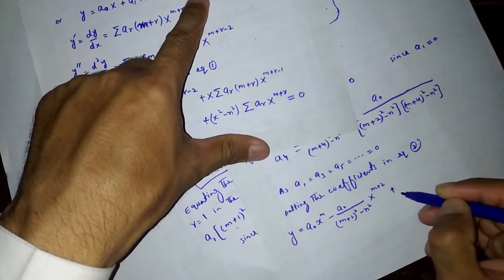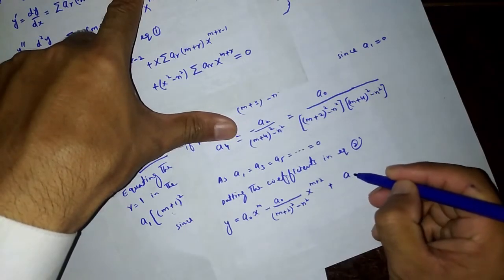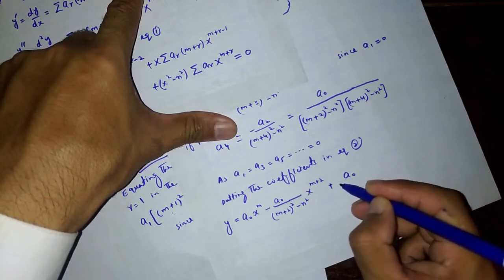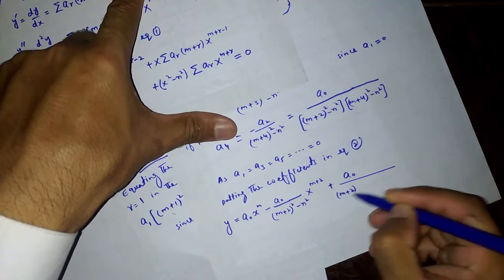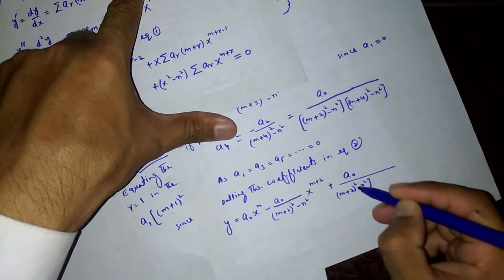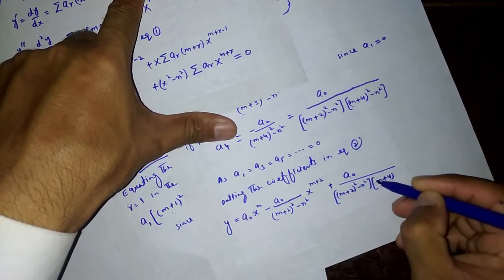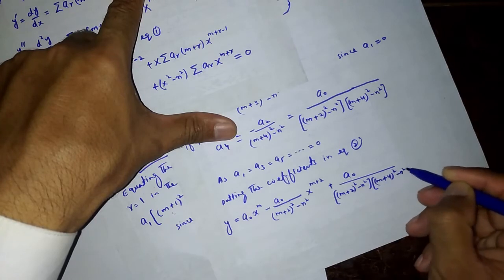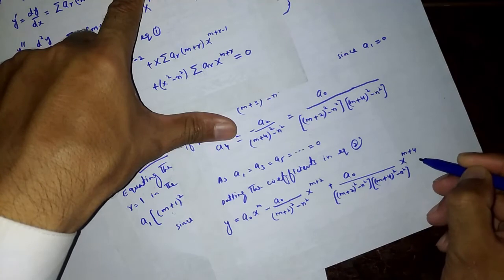Therefore for a4 it is plus a0 divided by m plus 2 whole square minus n square times m plus 4 whole square minus n square into x to the power m plus 4 and so on.